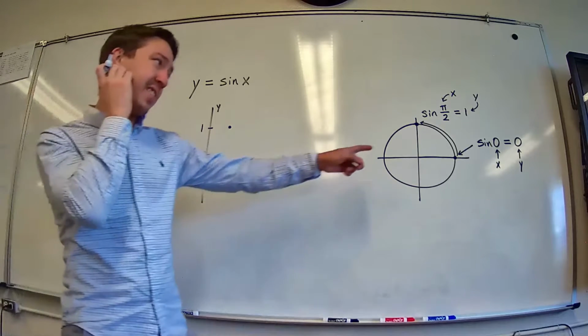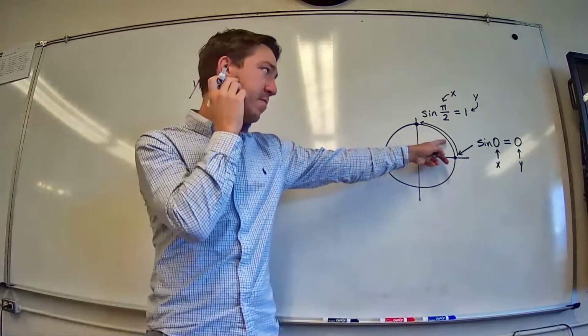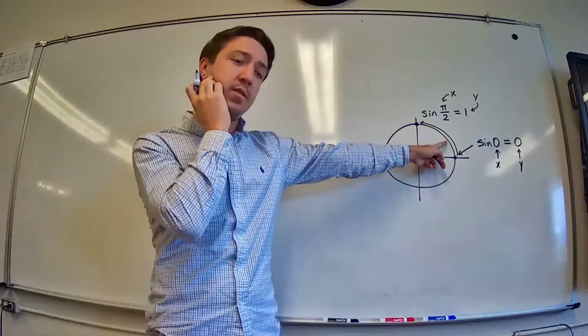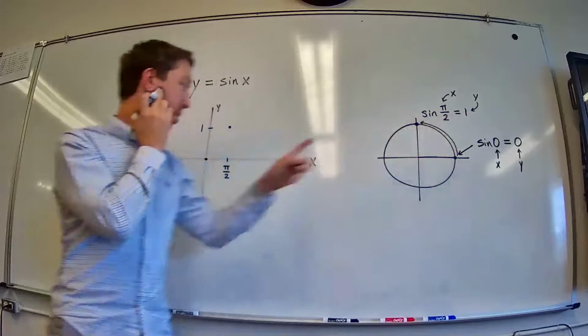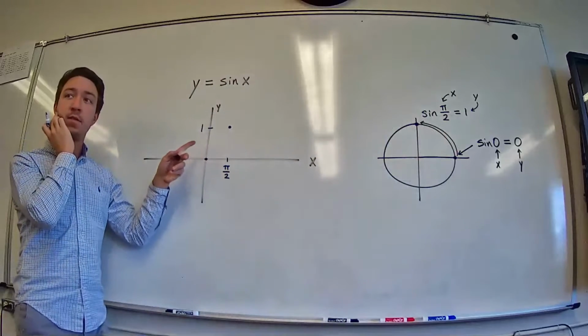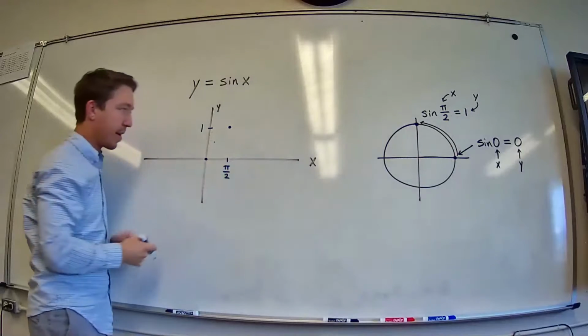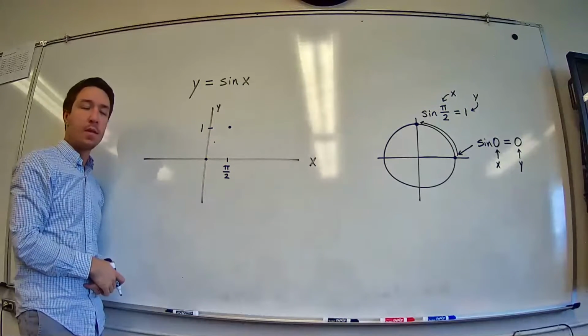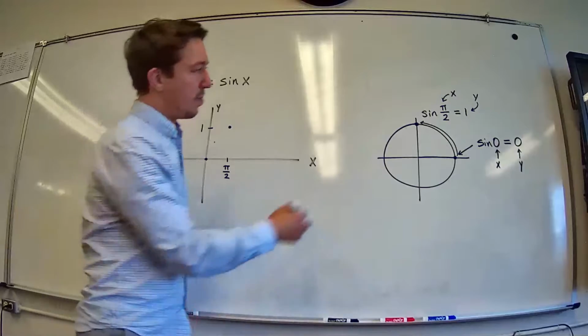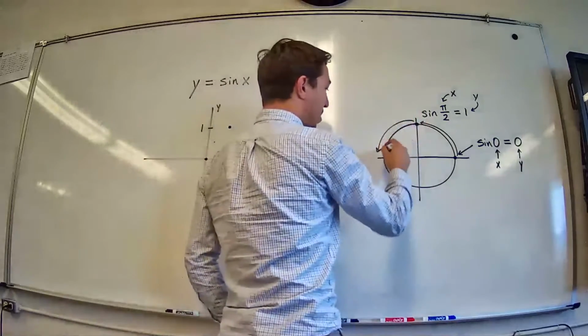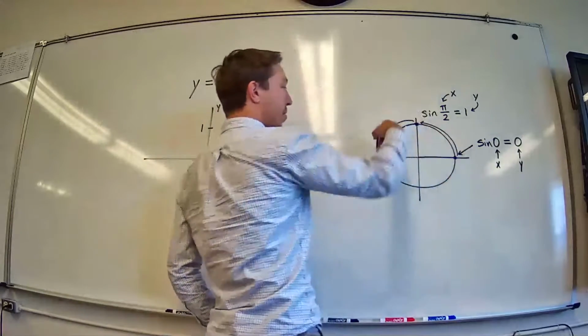Now, could I have looked over here and said, oh, the sine of, say, pi over 6 is 1/2, and put that point on the graph? We could have. That point would have been somewhere like there, right? So let's keep moving. This point, keep moving counterclockwise.